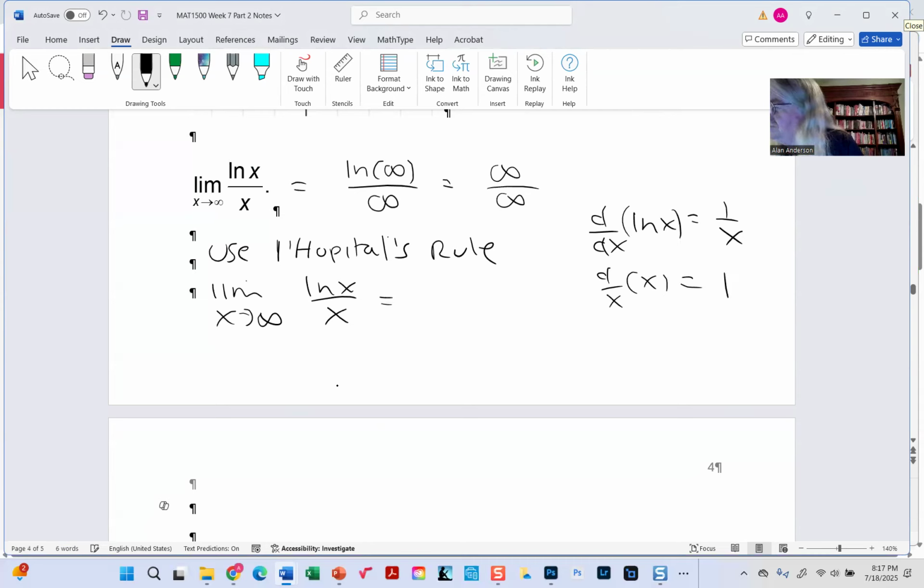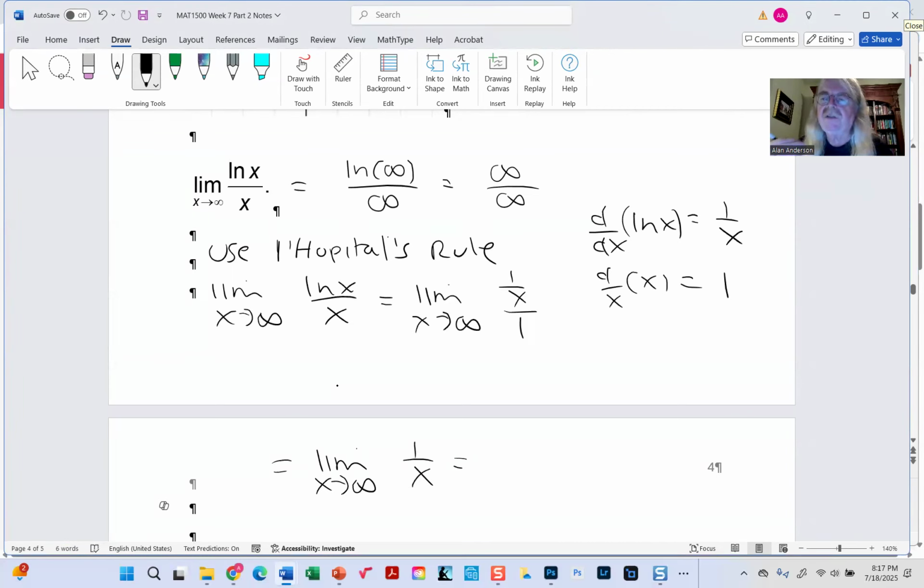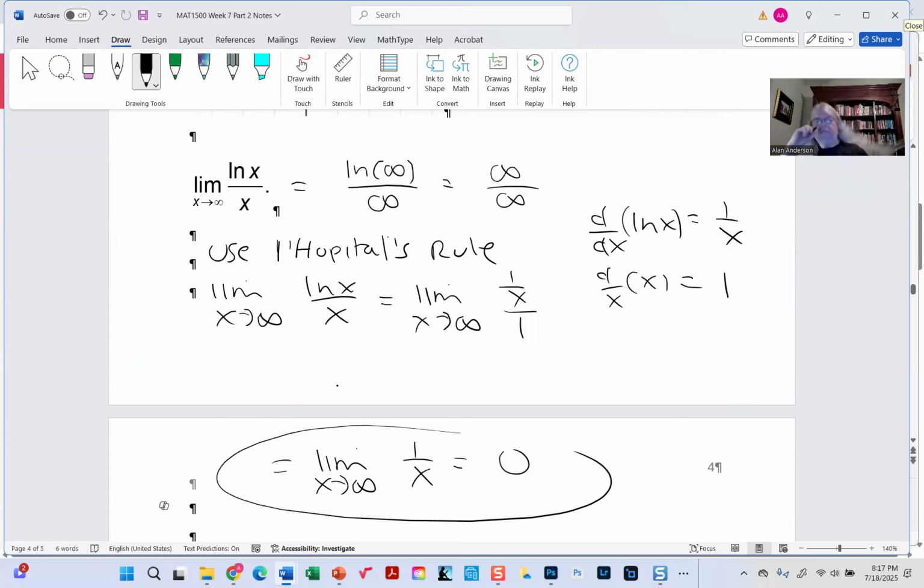So this is the same thing as the limit as x goes to infinity of 1 over x over 1. So when we have x in the denominator getting very, very large, that indicates that the limit is 0 as x goes to infinity.